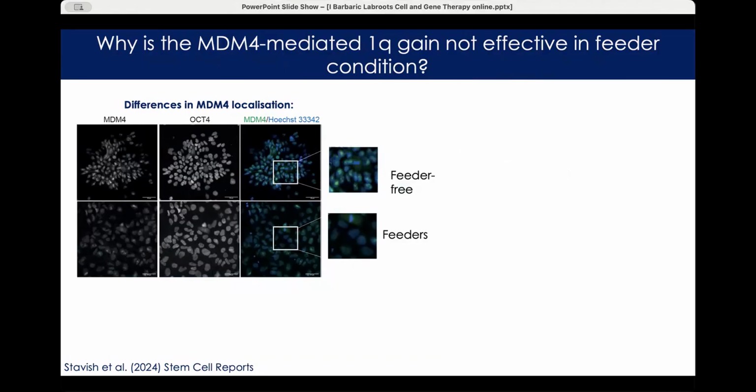This is because when we stained for MDM4 by immunocytochemistry, we found that MDM4 in feeder-free condition localizes in the nucleus in this kind of punctate manner, whereas MDM4 on feeders has a very diffuse localization across nucleus and the cytoplasm. And this was telling because we knew from published studies that, in fact, this type of MDM4 localization is associated with its role in genome damage.